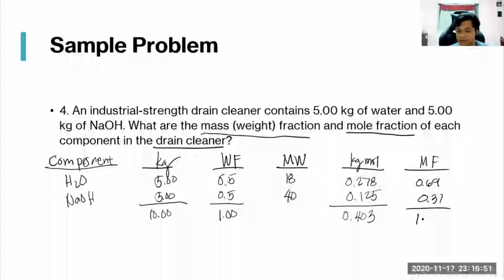If you add it, just 1. So we now have our answers. Our weight fraction or mass fraction is 0.5 and 0.5, and our mole fractions are 0.69 and 0.31. All right, so that's it. Then we move on to another example.